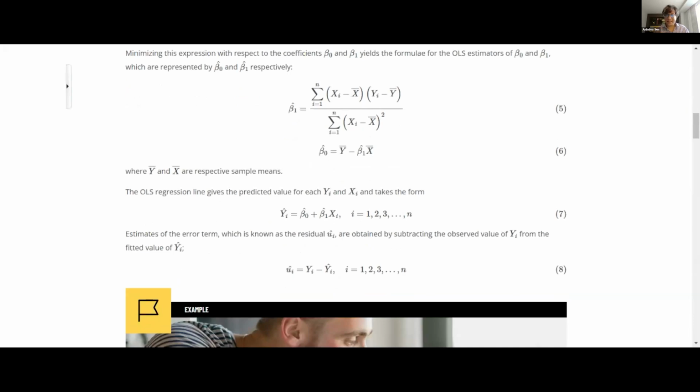Now, this looks pretty terrible, but I'm going to try to simplify this for you. What it's telling you is that if we use the method of ordinary least squares, it allows us to get an estimate of beta 1 hat. The beta 1 hat simply becomes a formula, right? As you know, for a simple mean, you have a formula, the average. You sum up all the values of a variable and divide it by the number of observations.